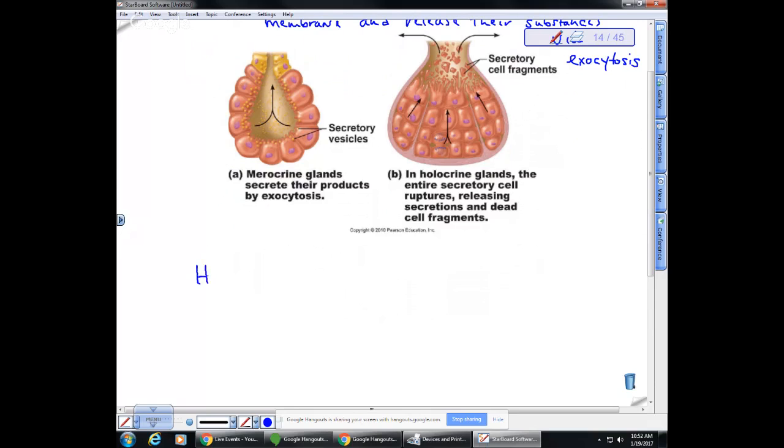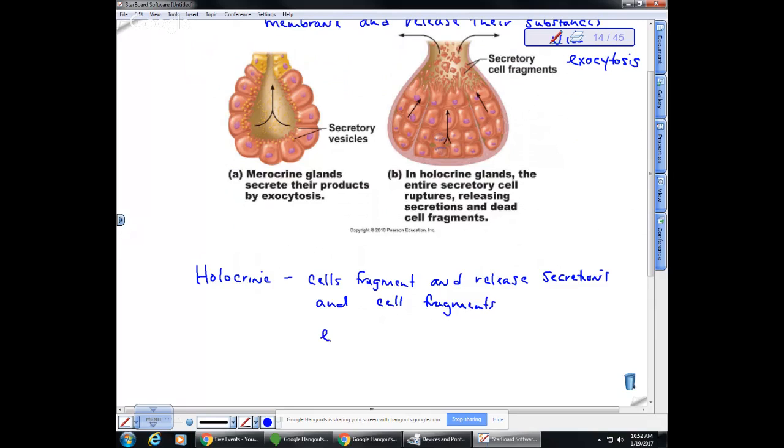So holocrine is cells fragment and release secretions and cell fragments.